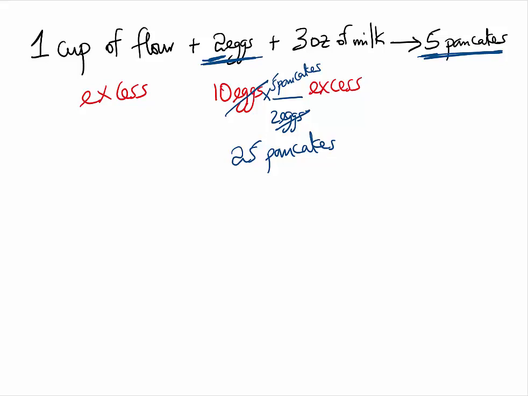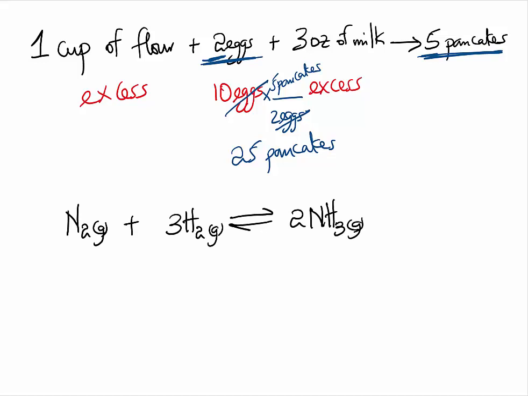Let us now apply that same understanding to chemistry. If in a chemical reaction you have excess nitrogen gas, but you only have 2.5 moles of hydrogen gas, and you want to predict how much of ammonia gas, how many moles of ammonia gas can you get?